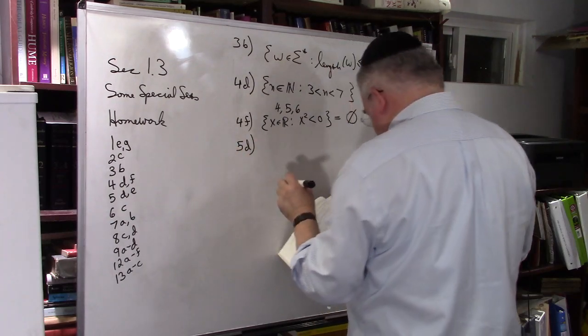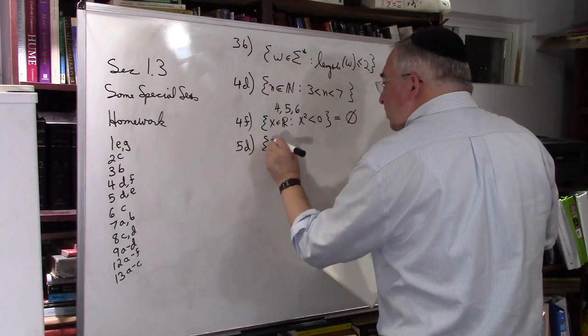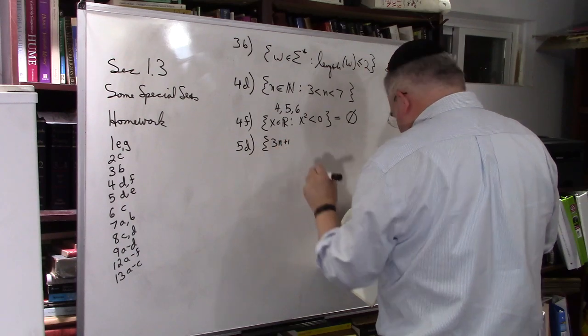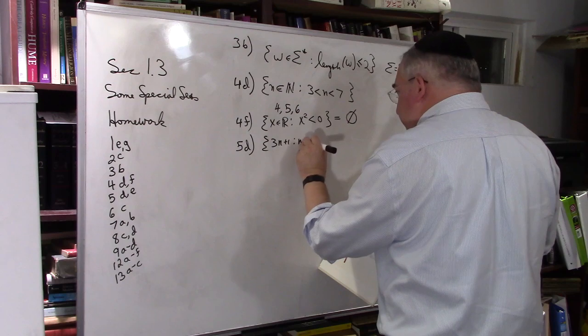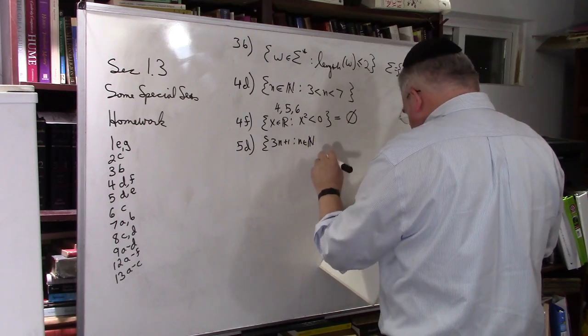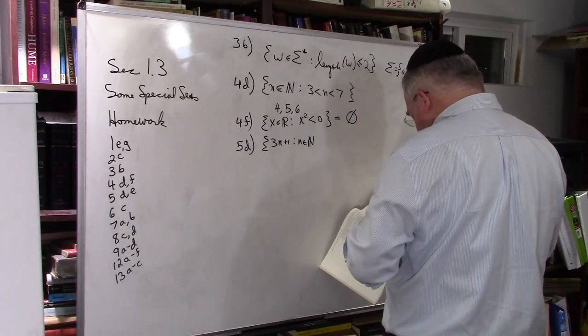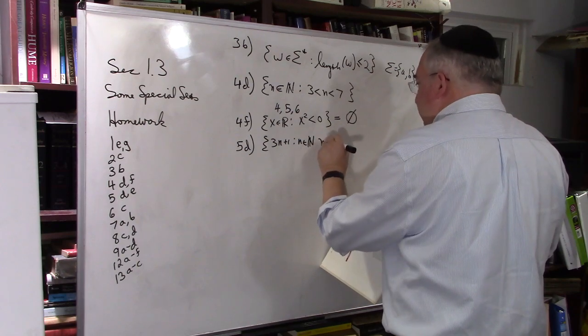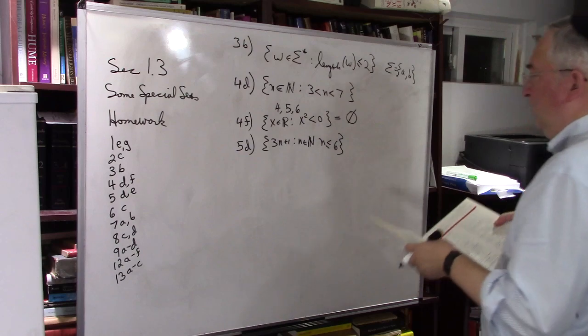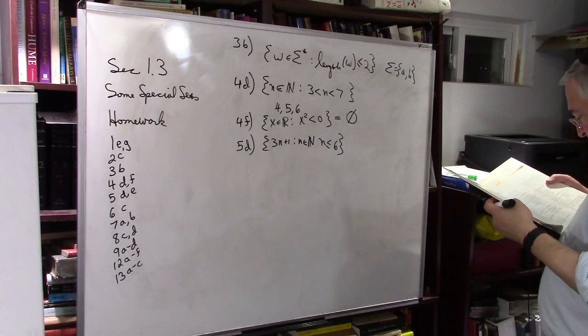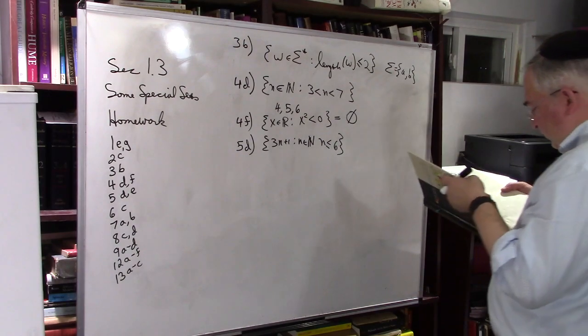5D is 3n plus 1 such that n is a member of the natural numbers and n is less than or equal to 6. Okay? So let's do this.